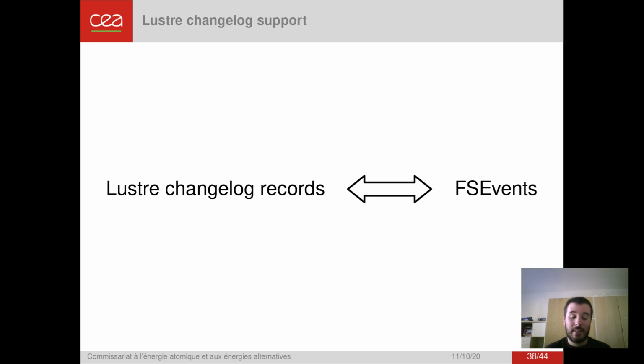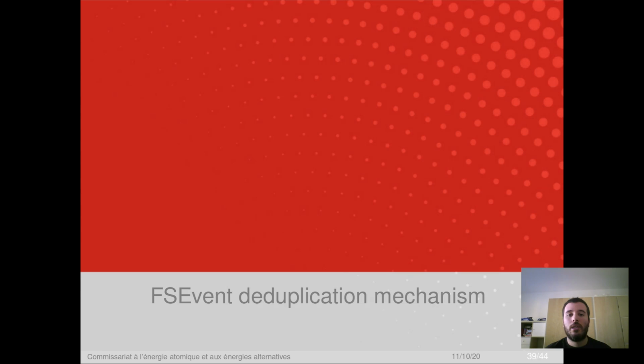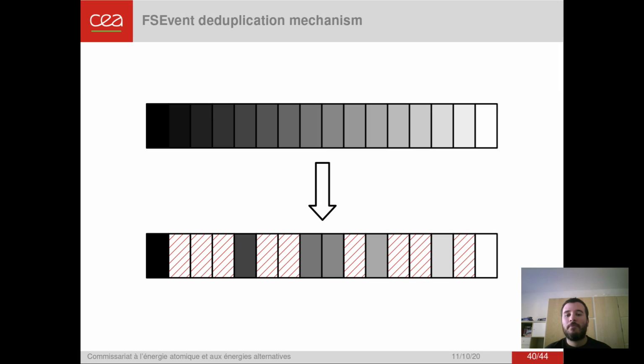Another thing that is also extremely important for this feature to be useful in production is that I need to implement an FS event deduplication mechanism. So Lustre changelog records describe each and every update on the file system, and sometimes those updates cancel each other out.